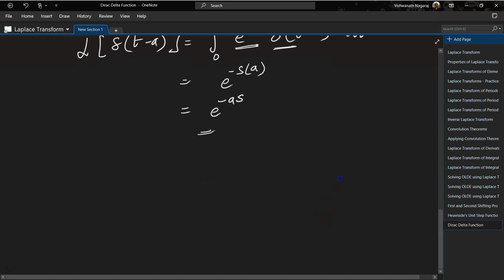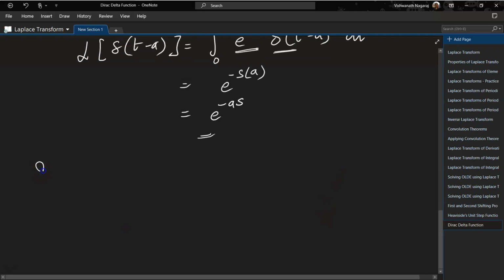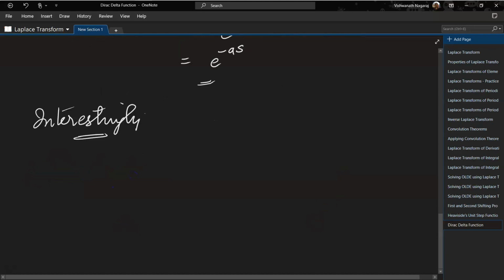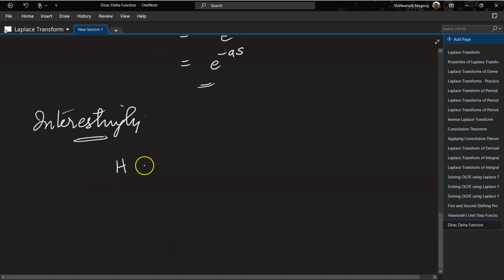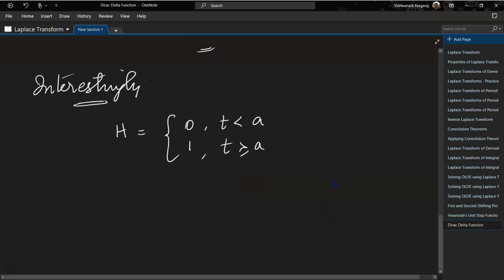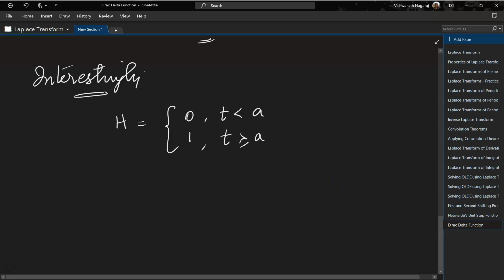Now, a very interesting fact. We can look at the Heaviside function, which we saw in the previous session. When t is less than a, it is 0, and when t is greater than or equal to a, it is 1. Now let's say we want to differentiate this.